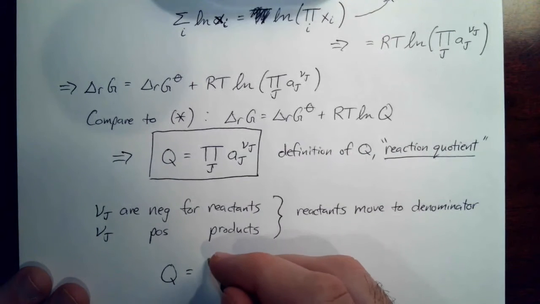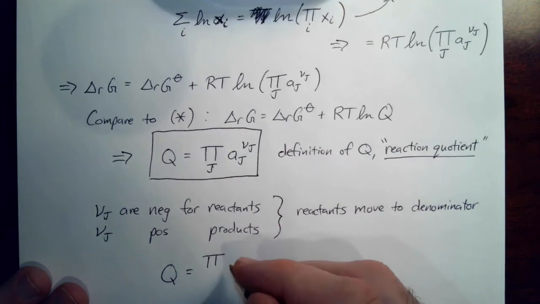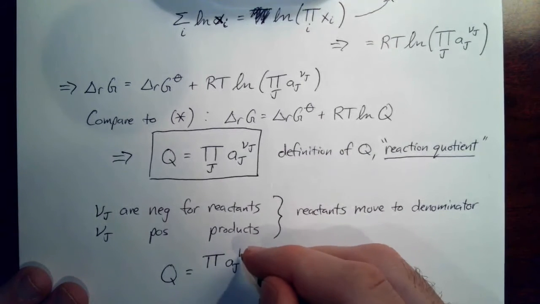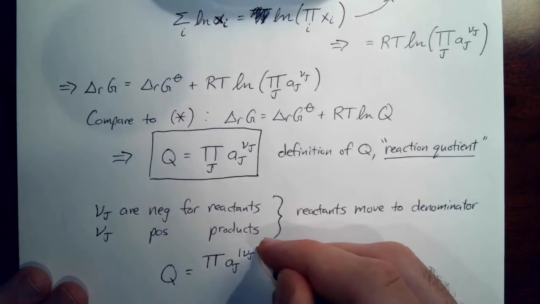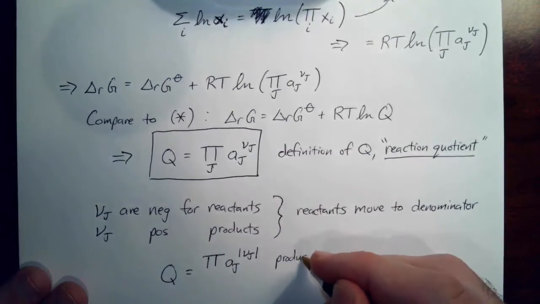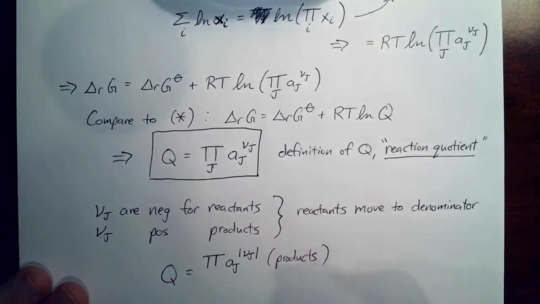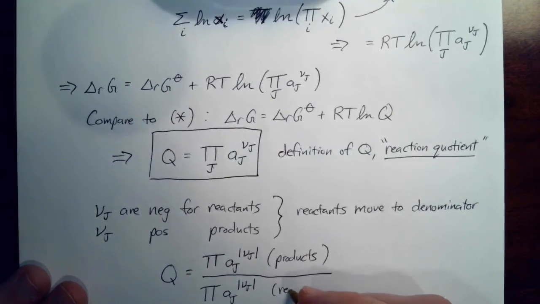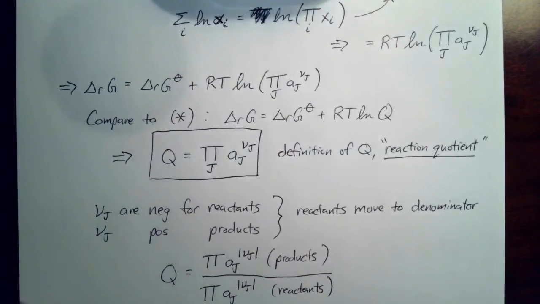is the product of Aj to nu j, I'm taking the absolute value now, of all the products divided by the product of Aj to the absolute value of nu j for all the reactants. So all the reactants will end up in the denominator, all the products will end up in the numerator.